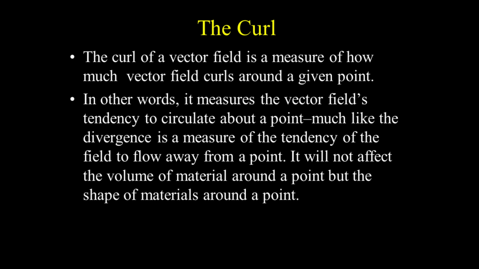The curl of a vector field is a measure of how much the vector field curls around a given point. In other words, it measures the vector field's tendency to circulate about a point, much like the divergence is a measure of the tendency of the field to flow away from a point. It will not affect the volume of material around a point, but the shape of materials around a point.